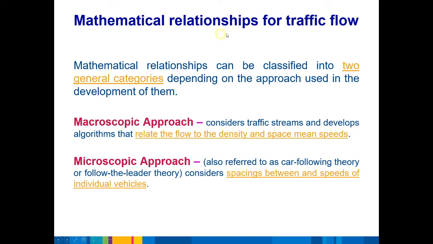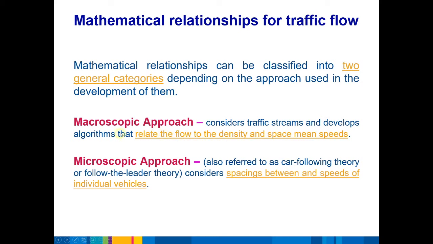So we've got a few different ways that we can model traffic flow, a few different mathematical relationships for traffic flow. We can talk about them in a macroscopic approach, which is to say that we have a flow and density which is related to mean speed. So flow relates to density and space mean speed. And this is looking very broadly.